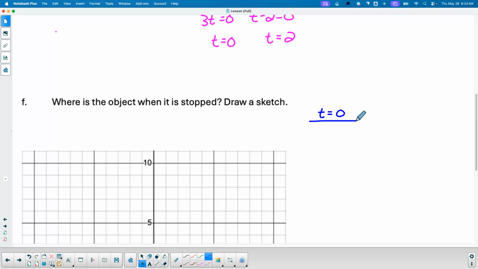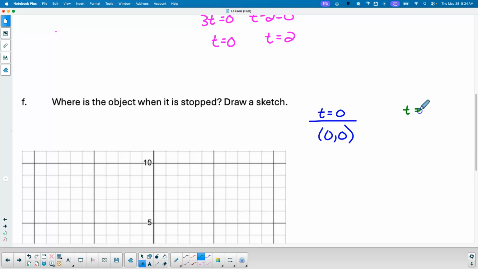It's at 0, 0. How'd you get that? Plugged in 0 for t in my original function, right? 0 cubed minus 3 times 0 squared is still 0. Okay? So at t equals 0, the object is stopped at the starting point, which is good.